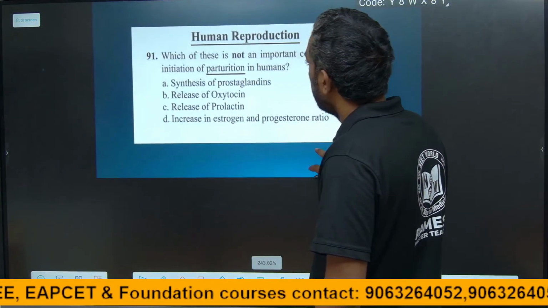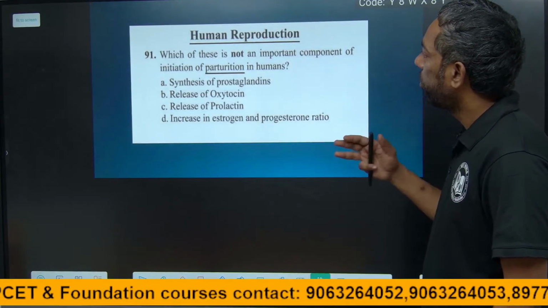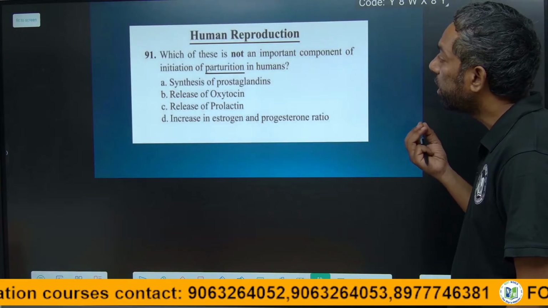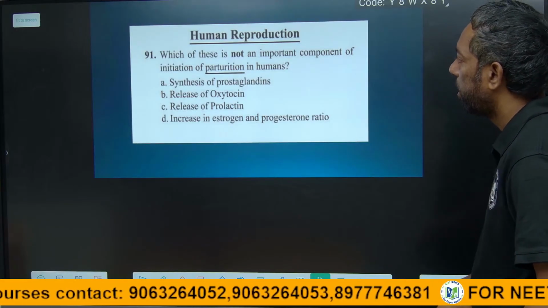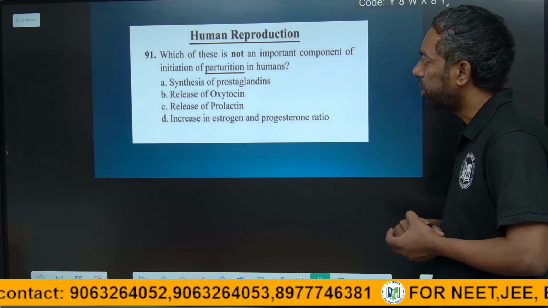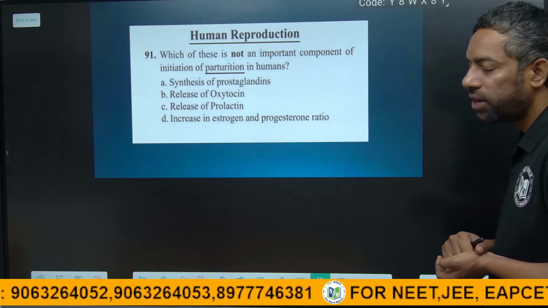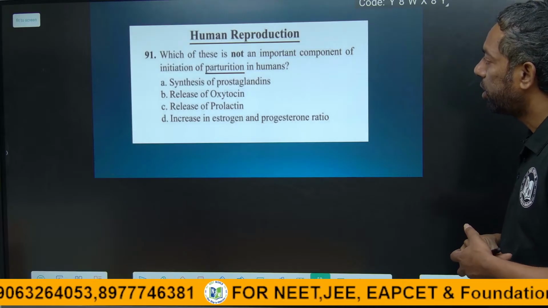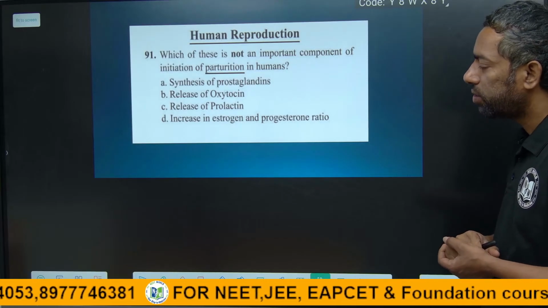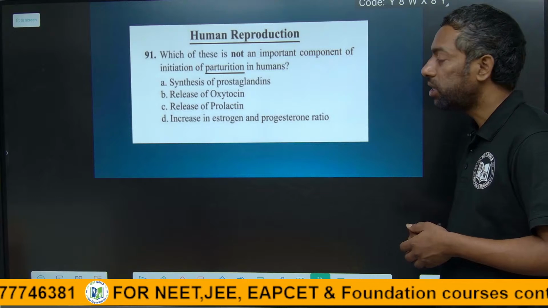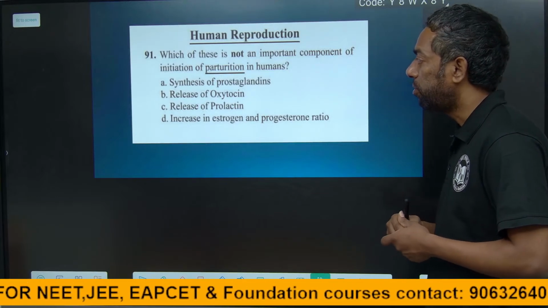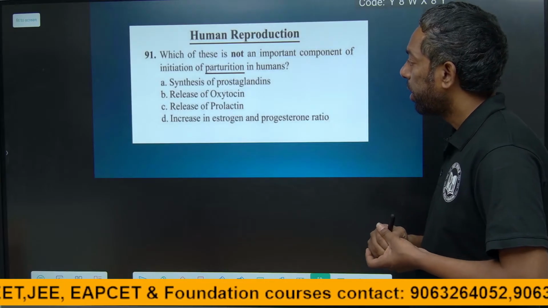Here, human reproduction: which one of the following is not an important component for initiation of parturition? Synthesis of prostaglandins, of course, they can encourage parturition. And release of oxytocin, of course, oxytocin during pregnancy helps the delivery.